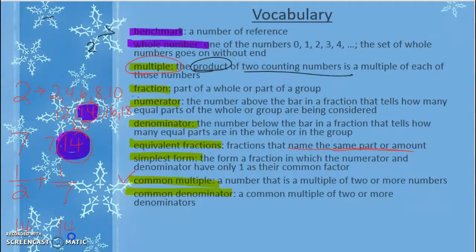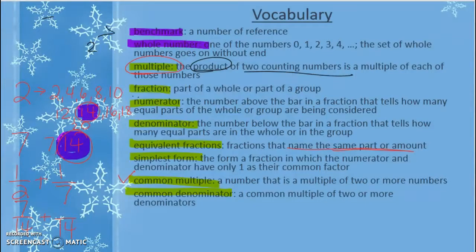And I'm going to use that common multiple as a common denominator. And now that I have my common denominator, all I have to do is multiply the numerator by whatever I had to multiply the denominator by. Now you might be thinking, what did you just say? But it's actually very simple, and you probably remember it from 4th grade. So how did I get from 2 to 14? I multiplied by 7.